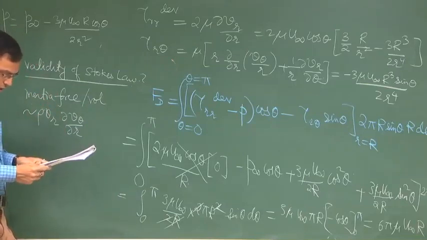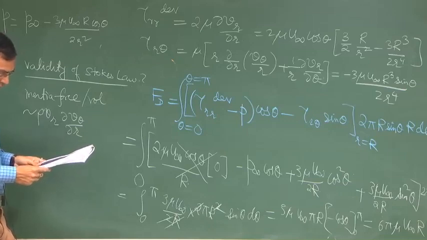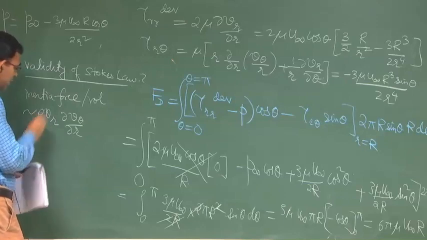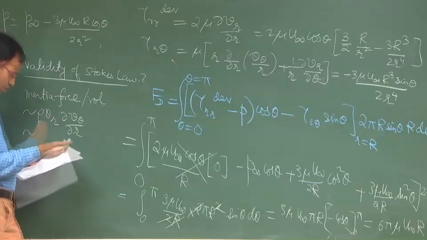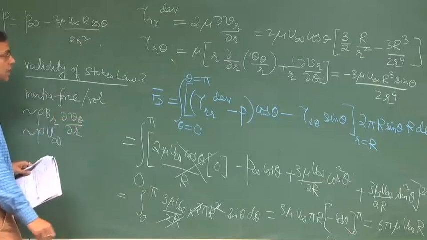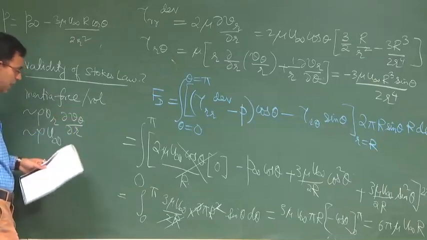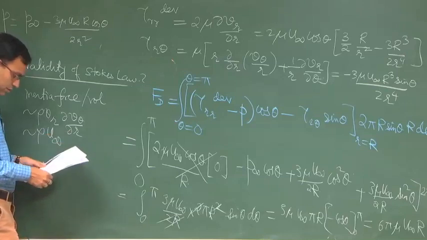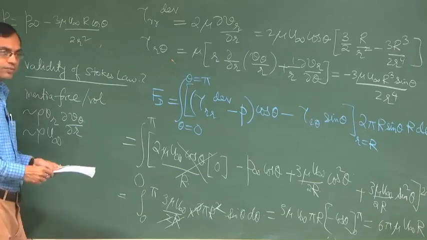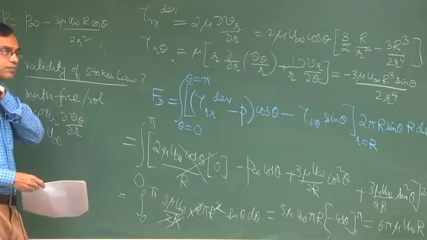So, let us look into the expression for Vr and V theta. At leading order, Vr is u infinity and V theta is of the order of u infinity into capital R by small r, that is the leading order term.